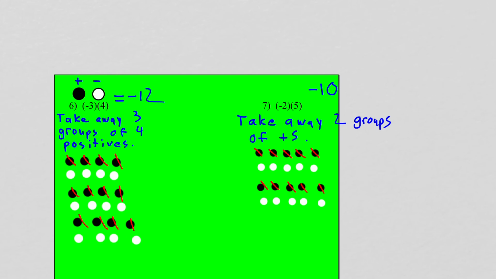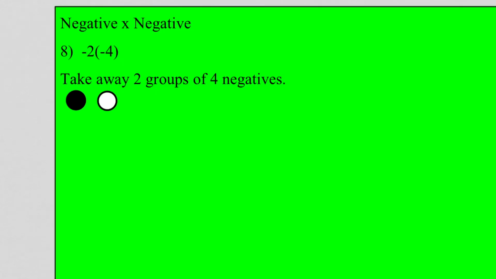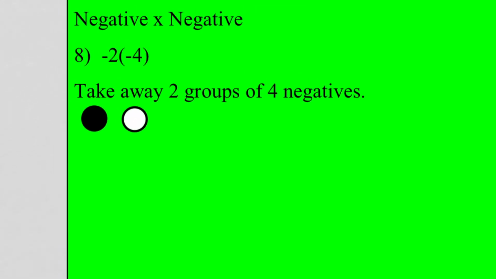Okay, we've done all of them except a negative times a negative. Negative 2 times negative 4. There's a minus sign at the beginning, so this means take away 2 groups of 4 negatives. Okay, so my first thought is this.